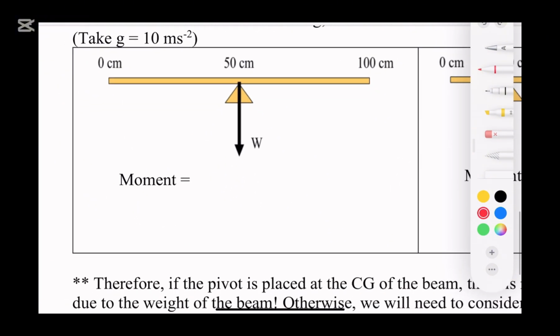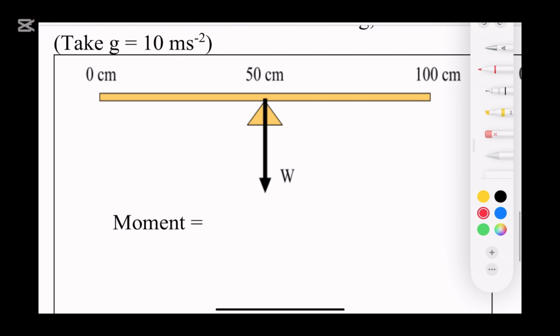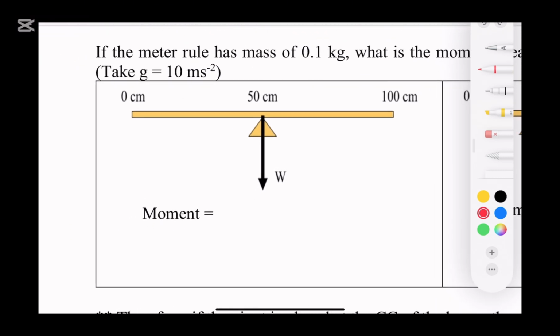Let's look at two simple examples. In this case, if I take the plank to be uniform, that means equal thickness and the same materials throughout, then I can safely assume that the CG is right smack at the center. Now, if the pivot is placed directly below the center of gravity, the first thing you know is that the ruler or the plank itself will balance. That's common sense.